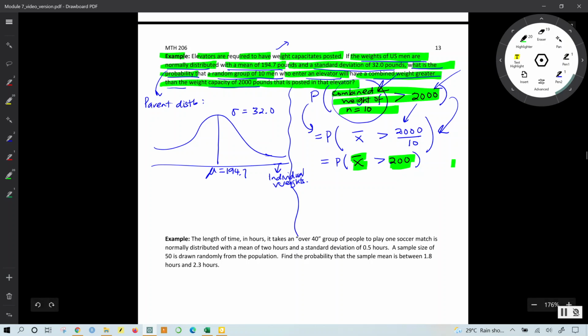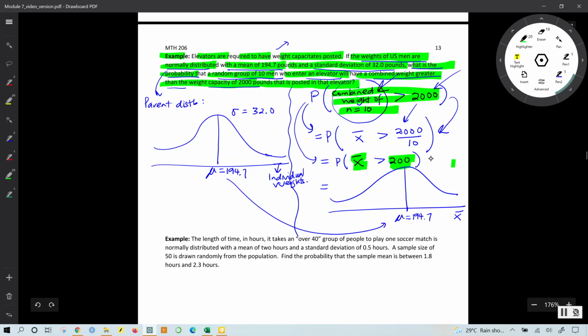By converting the question to this form, I can derive the distribution of X bar. Remember, they share exactly the same mean, 194.7, but the standard error will differ. It will be the standard deviation divided by the square root of n.